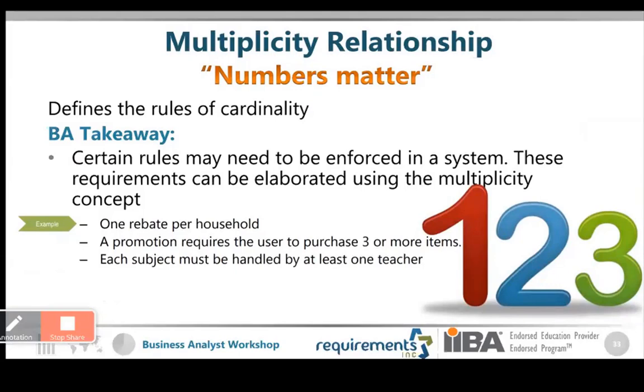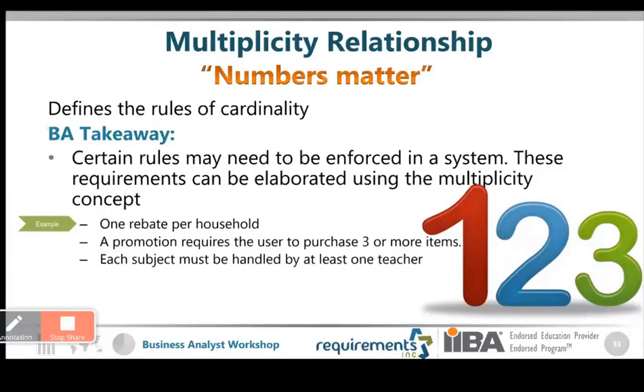By structuring the database itself to enforce these rules, by having these rules in your business layer, you can ensure that the rule is met. So for example, no more than one rebate per household. As soon as you see a second rebate requested from the same address, it gets flagged as not valid, right?